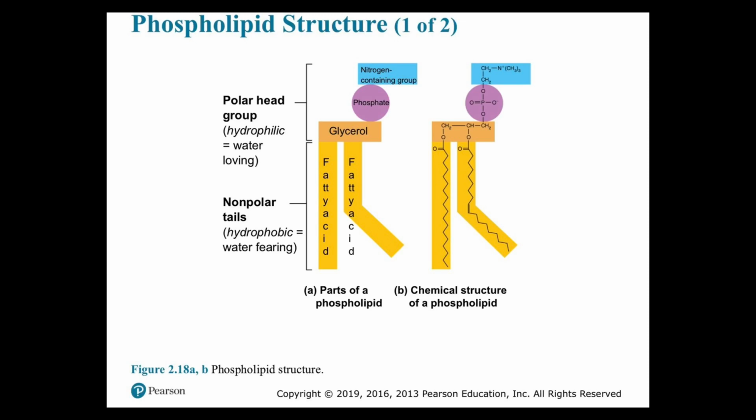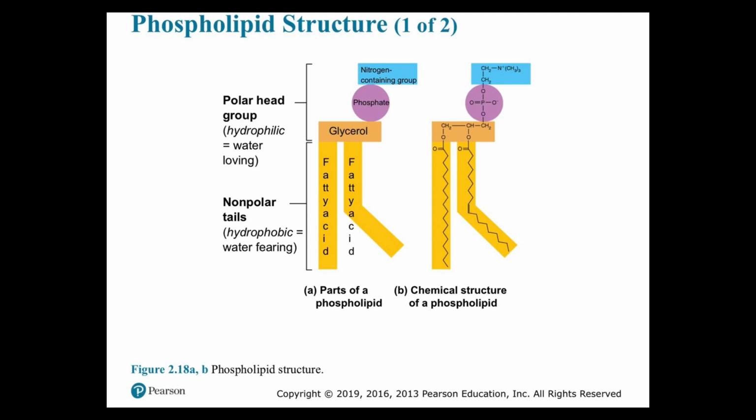The second one is unsaturated because of the kink in the molecule, the little bend. And then we have a phosphate group, a phosphate nitrogen-containing group. Figure B gives you the chemical structure of a phospholipid. So now you can recognize the two fatty acids, the glycerol group, and the phosphate-containing group.